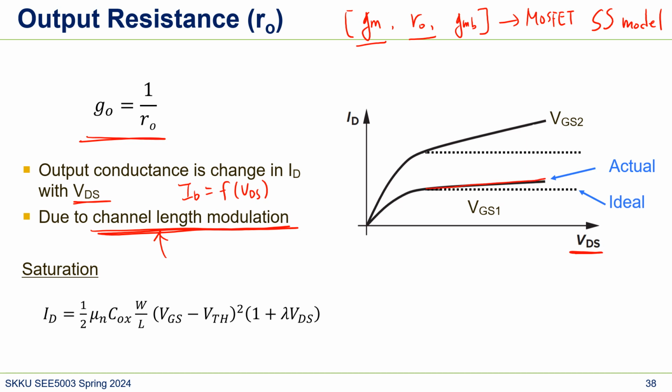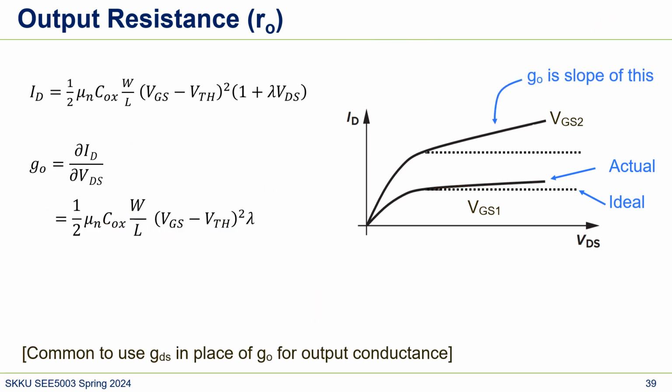If you see the ID curve, this part shows the VDS contribution. If we increase VDS, ID is also increasing, right? So we represent this characteristic as output resistance. Let's do some math here.